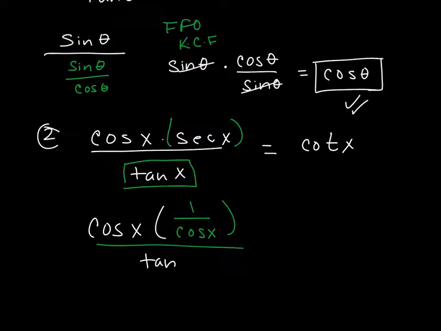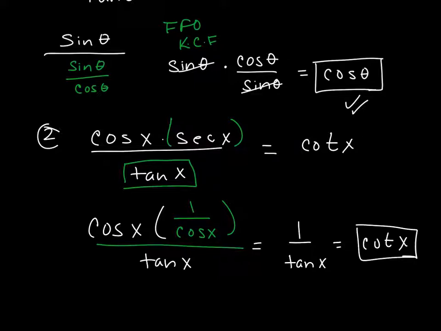So what is the cosine of x times the secant? Well, it's 1 over cosine times cosine, so all of this just equals 1 over the tangent of x, and 1 over the tangent is my cotangent of x. So we got that one. We're all set.